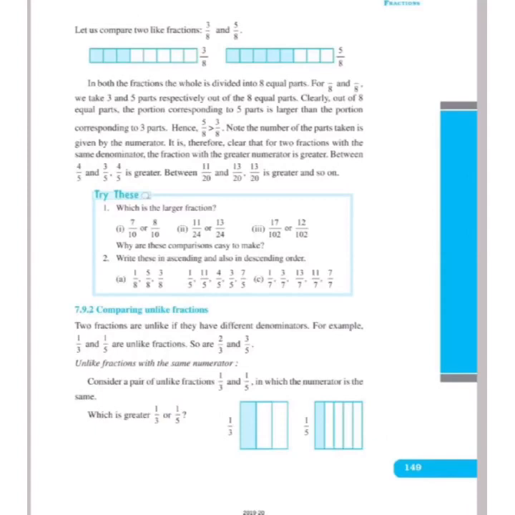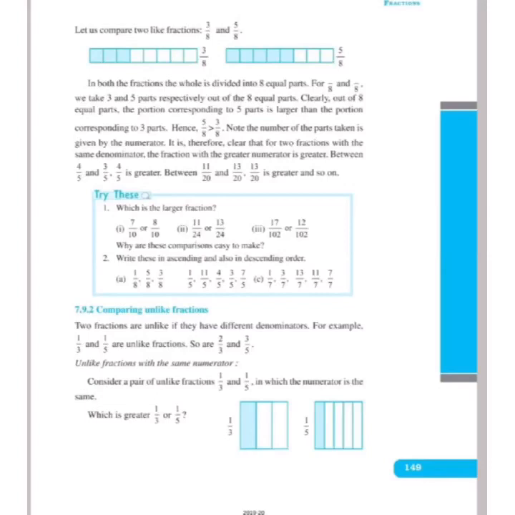Children, now see on page number 149. Let us compare two like fractions, that is 3 by 8 and 5 by 8. You can see in the figures that the bars are divided into 8 equal parts. One of the bars is shaded with 3 parts and one bar is shaded with 5 parts. So children, we can see clearly that because the denominators are the same, 3 and 5 will be compared.